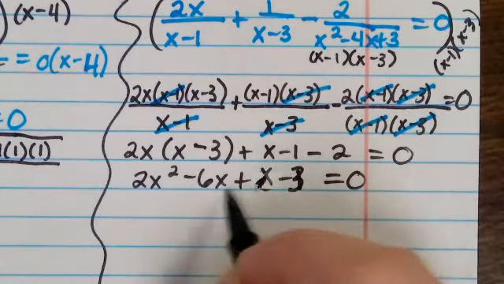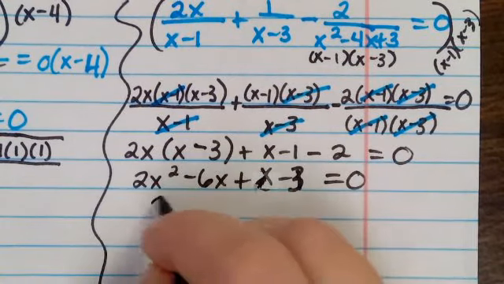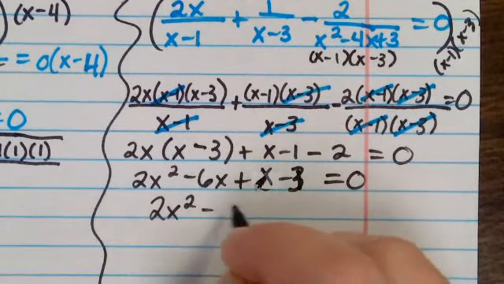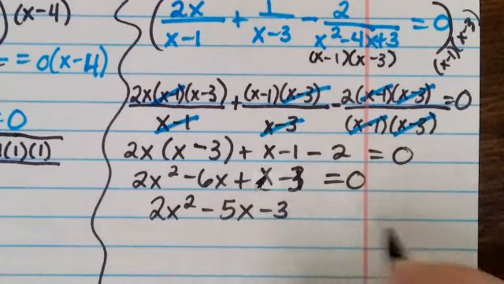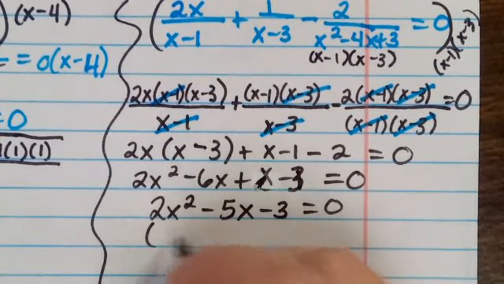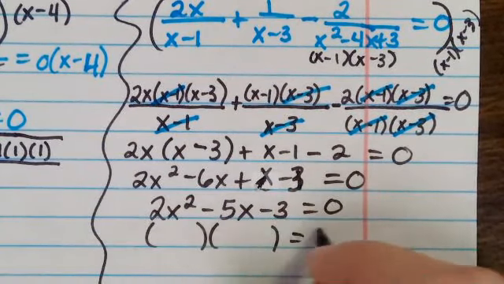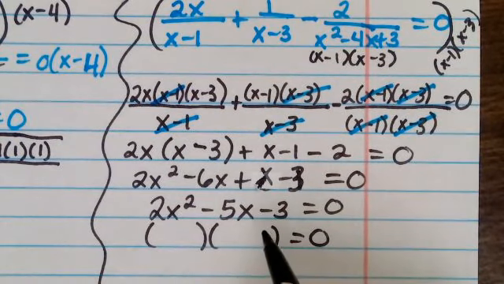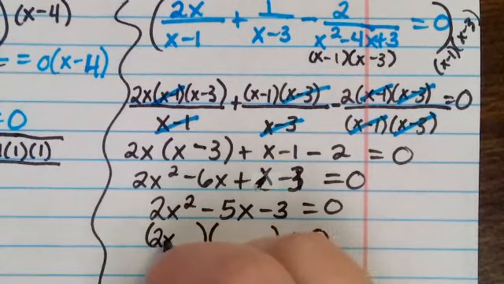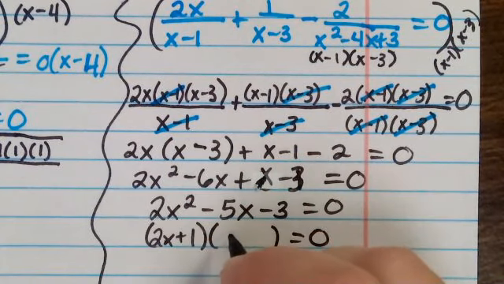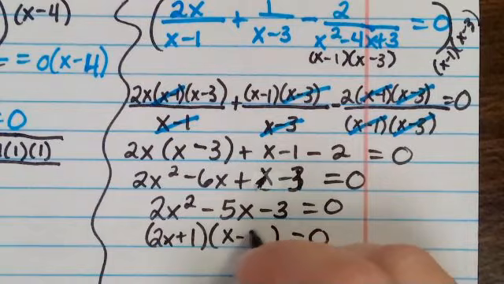All right, one more thing. We got to combine these x's here in the middle. So we got 2x squared minus 5x minus 3. And now let's factor. Okay, so here when we factor this guy, we are going to factor it into 2x plus 1 and x minus 3.